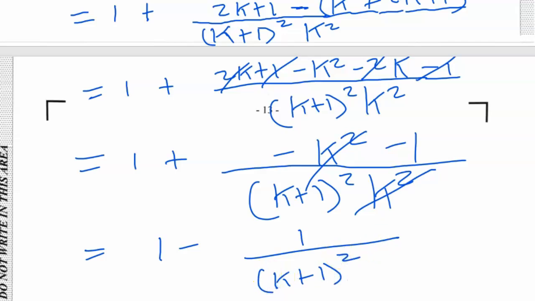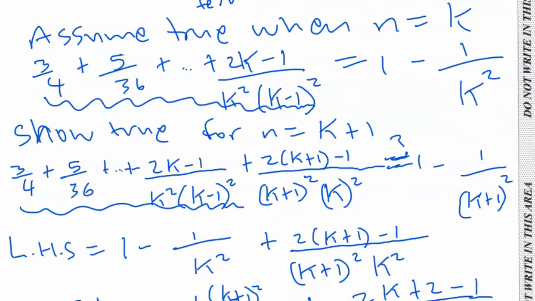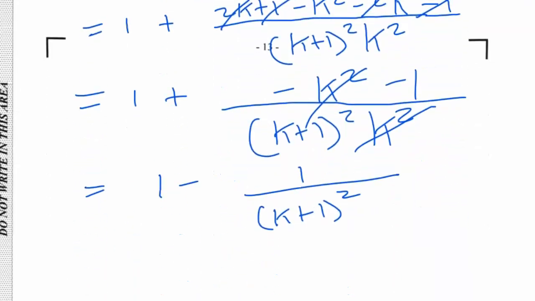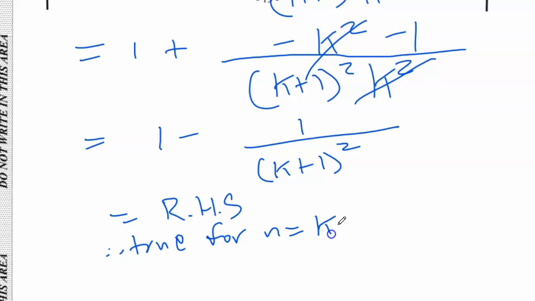You will notice that's what we're trying to prove in the third step, 1 minus 1 over (k plus 1) square. So the left hand side equals the right hand side. Therefore, true for n equal k plus 1.